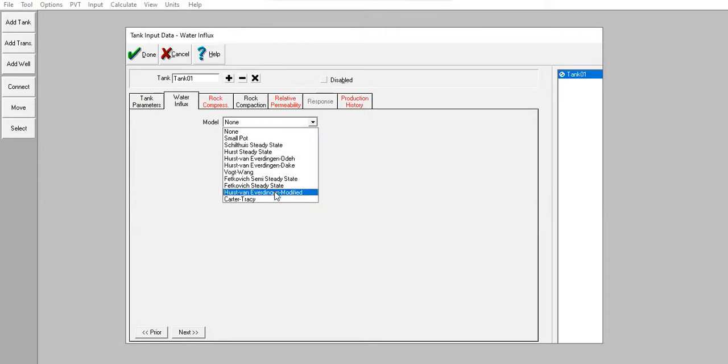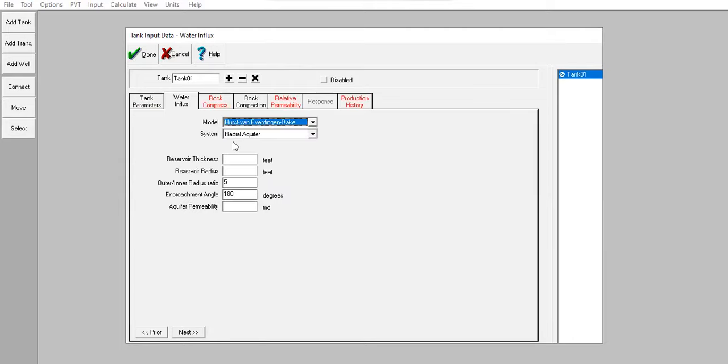I change it to this model, Hurst van Everdingen modified method. Or instead, I will use Hurst and van Everdingen and Dake with the system radial aquifer. For example, I already know the reservoir thickness, the reservoir radius, and even aquifer permeability. So I will input the information for the aquifer here.